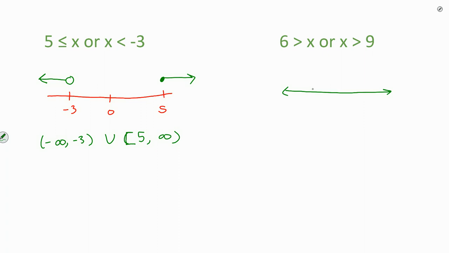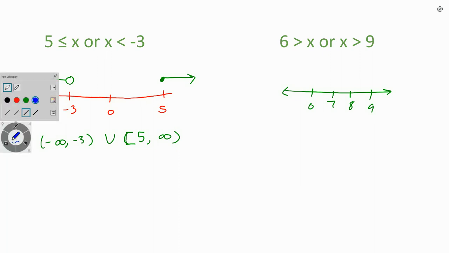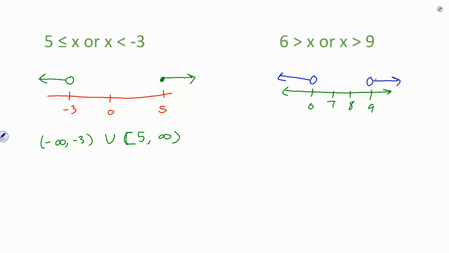Let's do the same thing over here. Let's see, I need 6, 7, 8, 9. For the first one, we've got x is smaller than 6, so it looks like this. And for the other one, we have x is bigger than 9. Now these two don't intersect, so when we're saying our solution here, we're going to use the union.